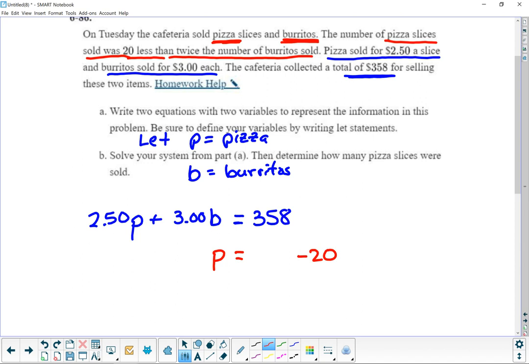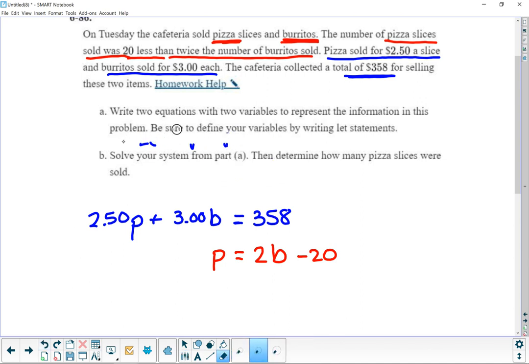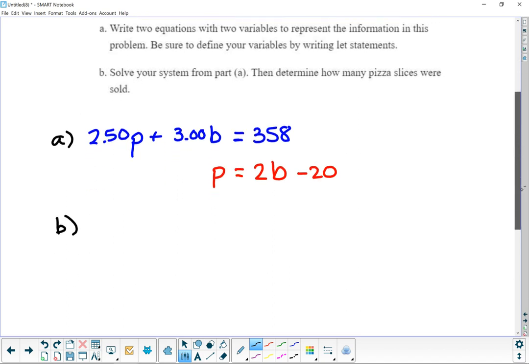That's what 20 less means. 20 less than twice the number of burritos, so burritos times 2. Pizza slices is equal to 2B minus 20. That's our two equations for part A.